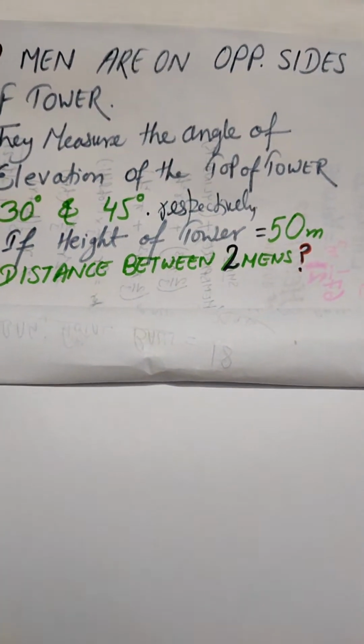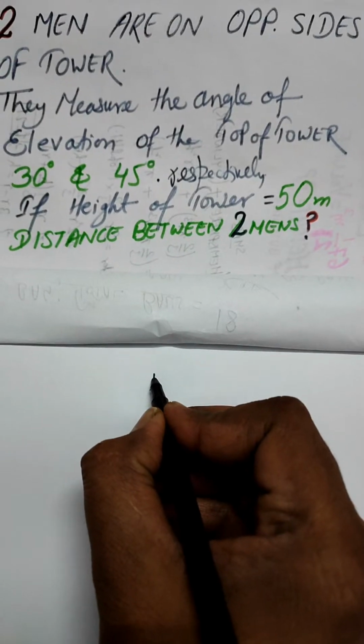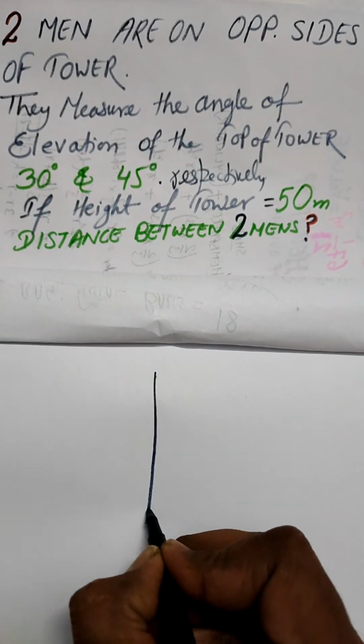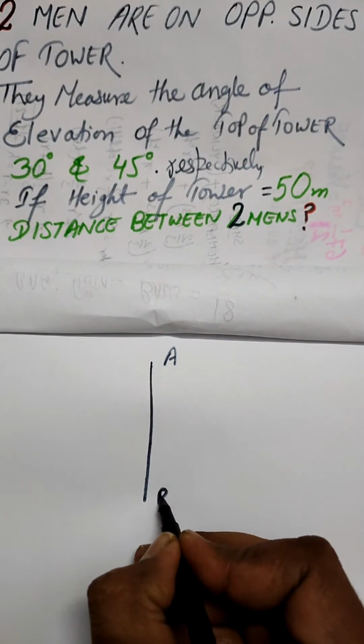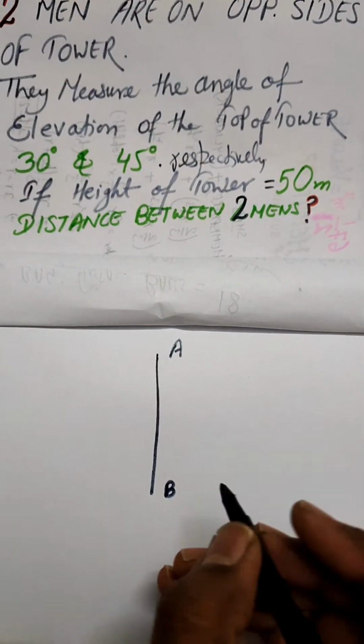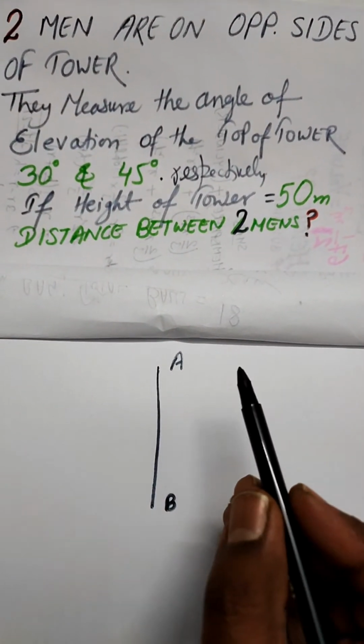That means if the tower is standing like this, let's say this is the tower, just mark it as A and B. There are two persons, two men.